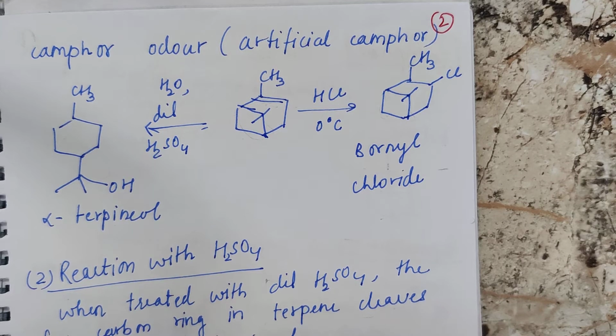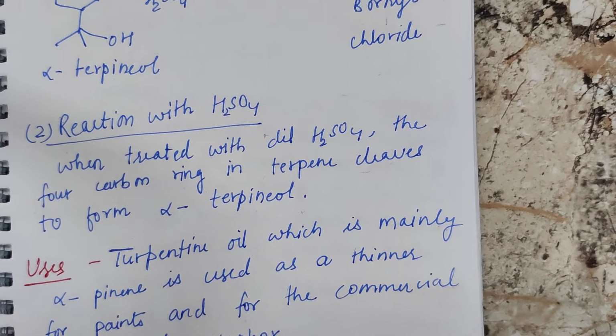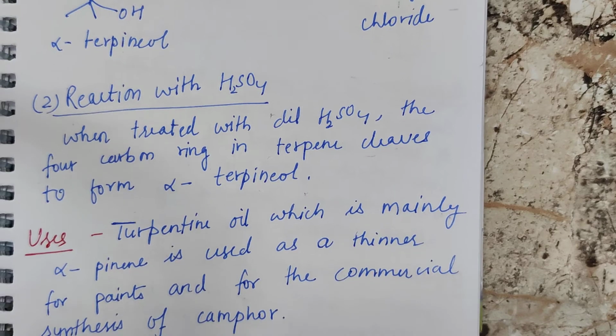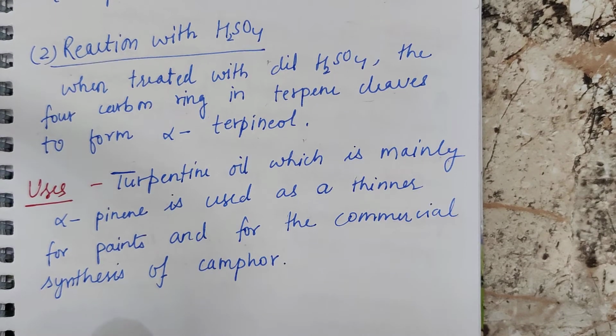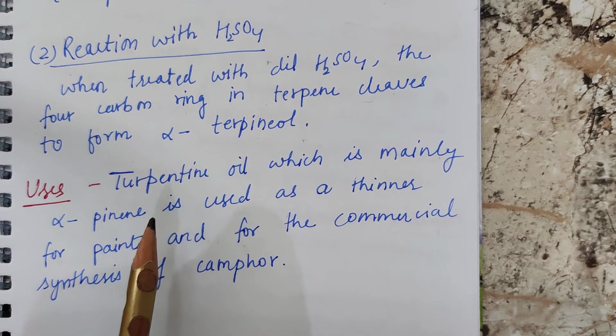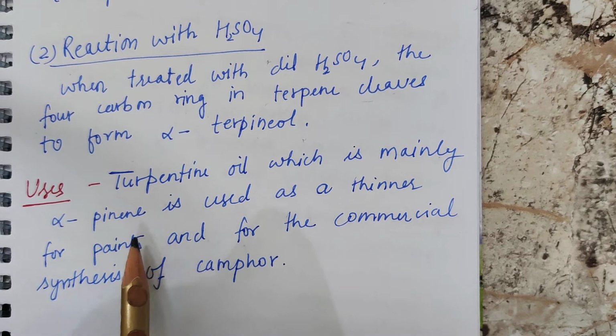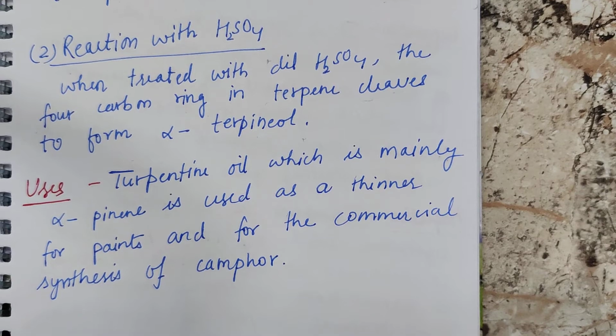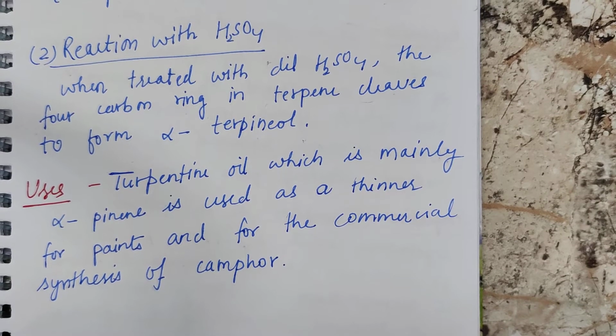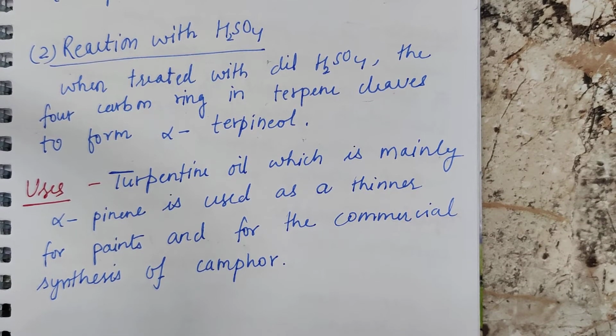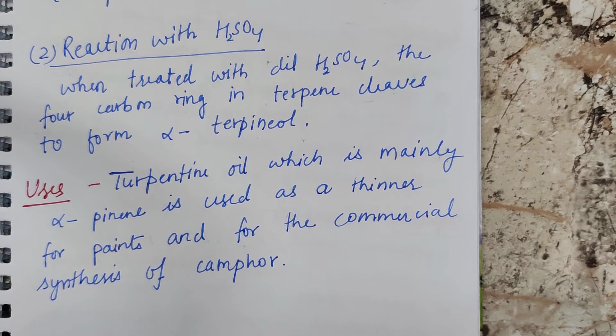Okay, if we talk about the uses, so turpentine oil, which is mainly alpha pinene, is used as a thinner. When you paint, you mix a thinner in it. That thinner is turpentine oil and the main component of turpentine oil is alpha pinene.